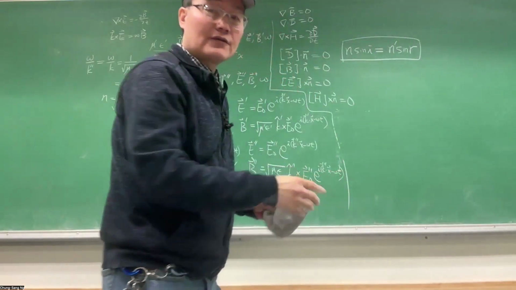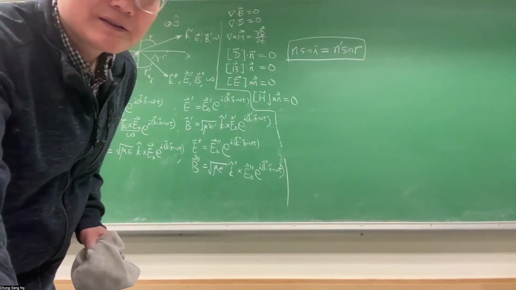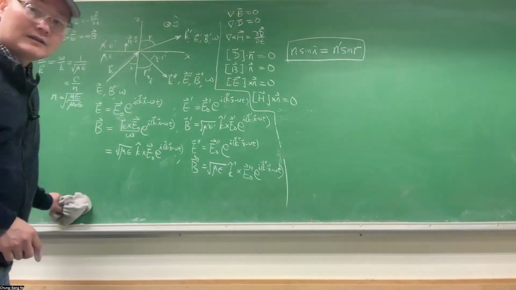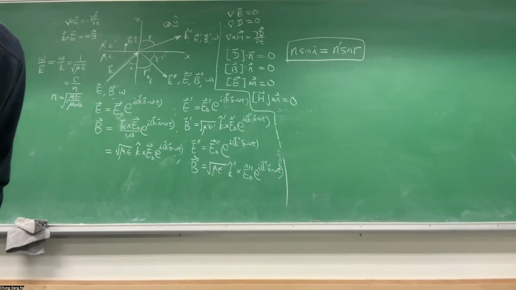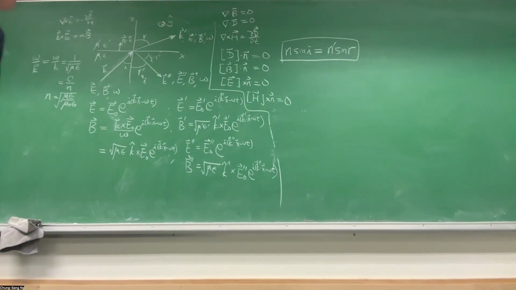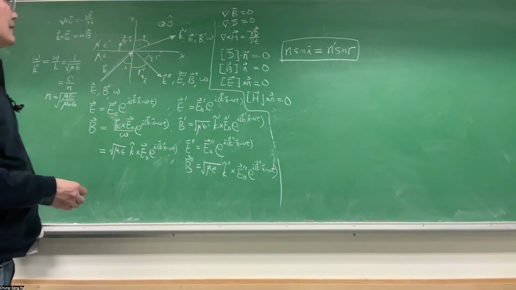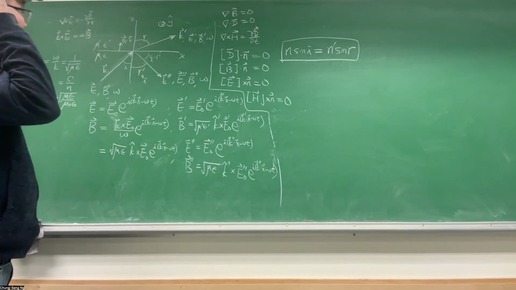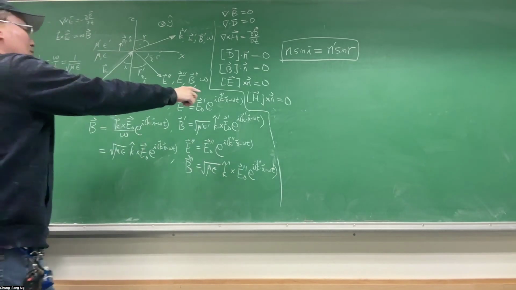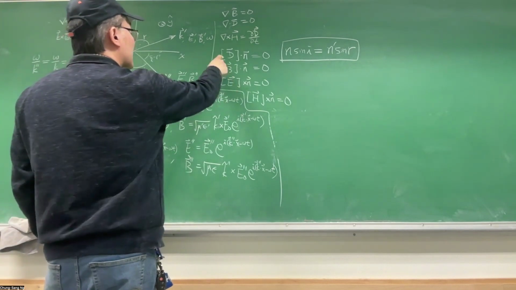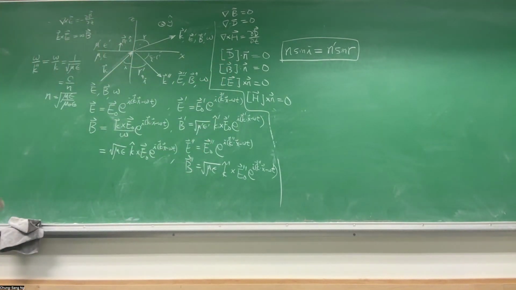Do I have all this? I still have all the electric field, magnetic field. Now you just plug all of these into here. So the first one, D is epsilon E for this omega.